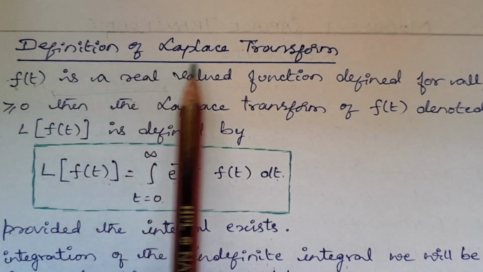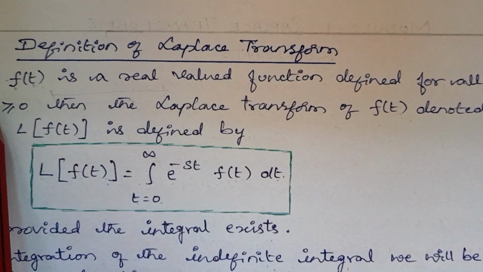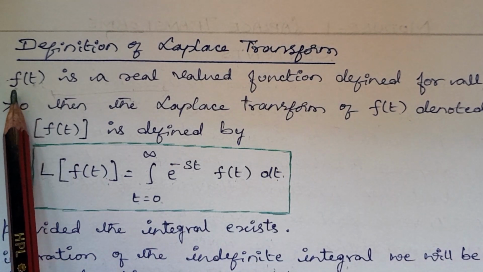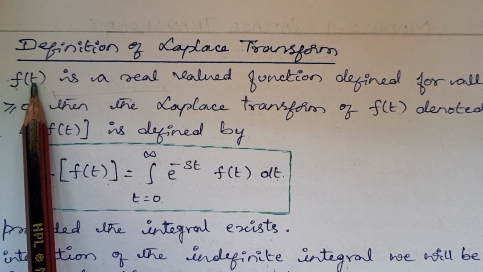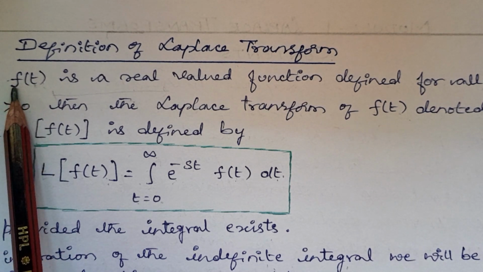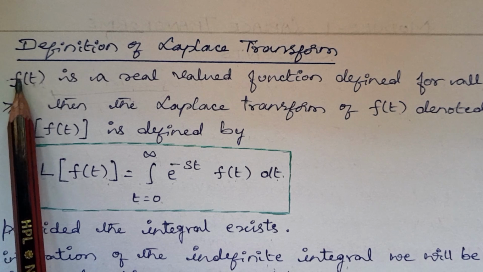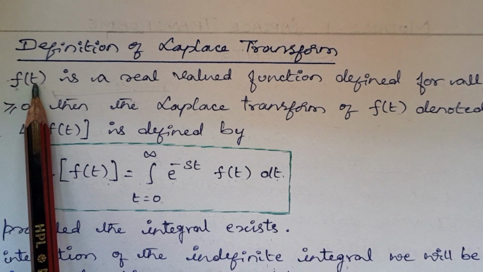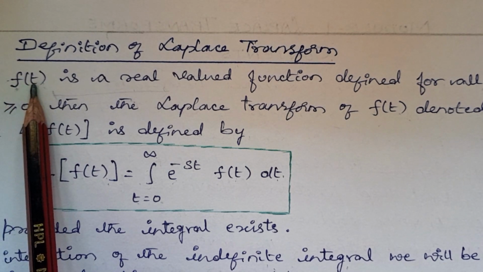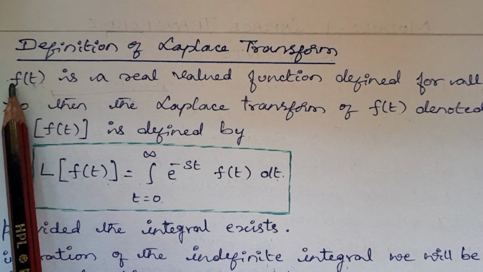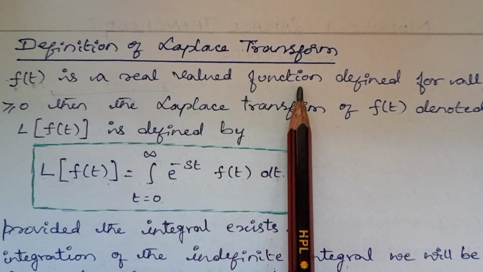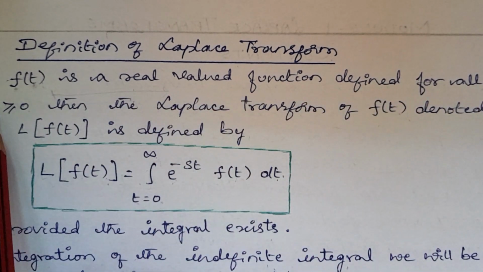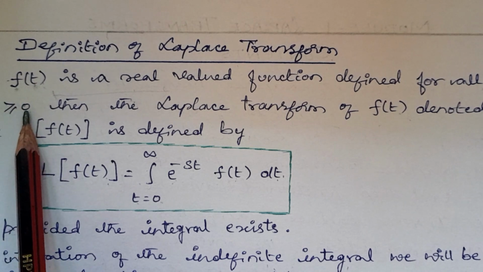1.1 Definition of Laplace transform. If f of t is a function of t, here t is the independent variable and f is the dependent variable. F of t is a real valued function defined for all t greater than or equal to 0.